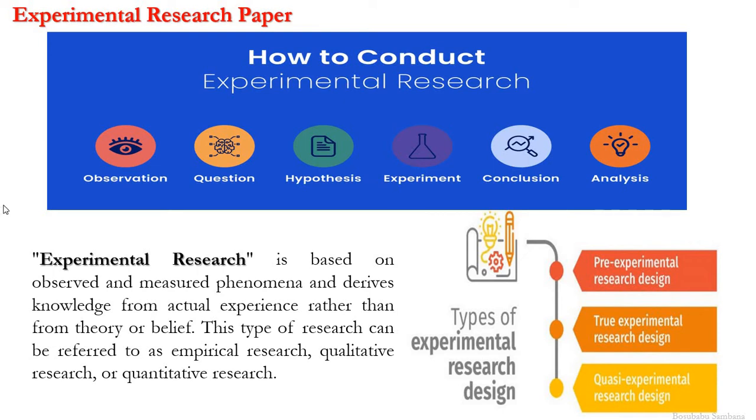Then we must analyze the hypothesis in an analytical way. Once the hypothesis analysis is completed, we go to the experiment, the result oriented operation. Once the result oriented operations are completed, we must conclude the entire operation. The entire operation is generally called the conclusion.